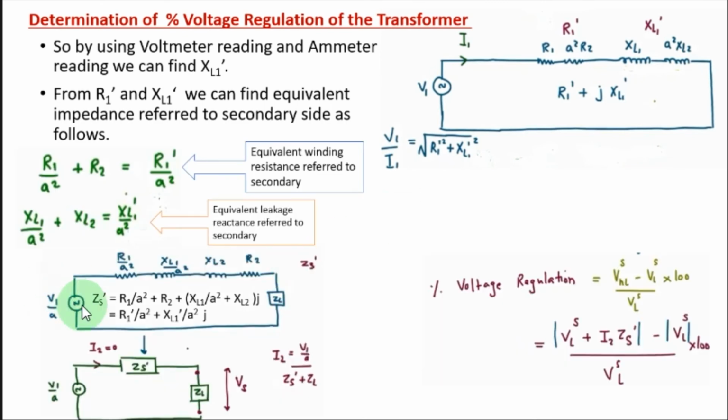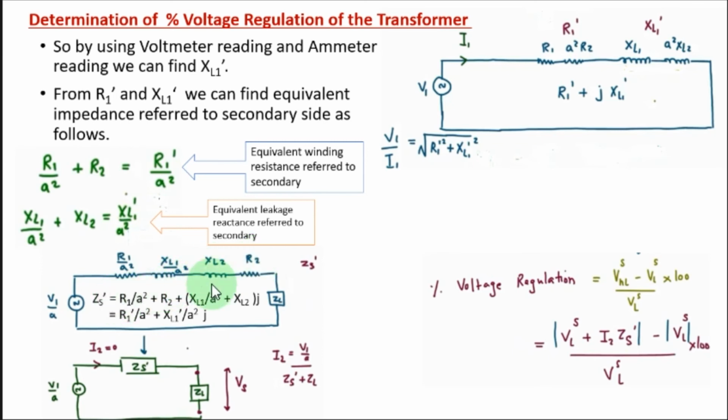Now if you refer it to the secondary side, the voltage V1 will be V1 over a, and this is the primary winding resistance referred to the secondary. This is the primary winding leakage reactance referred to the secondary, and this is the secondary winding resistance and the secondary winding reactance.